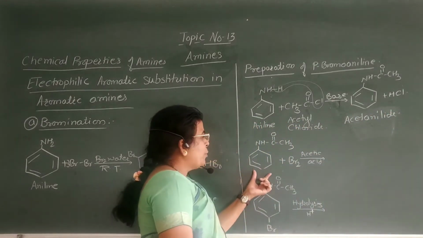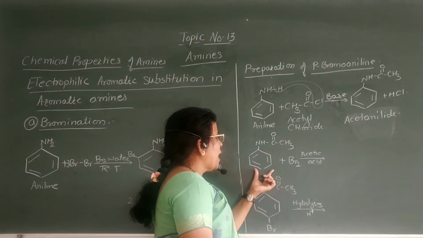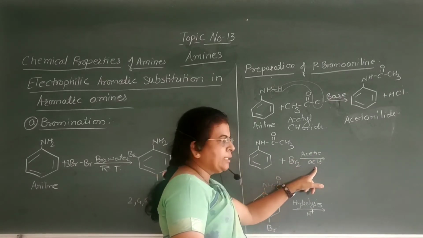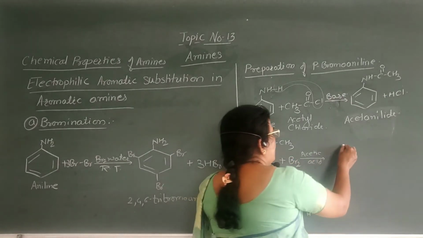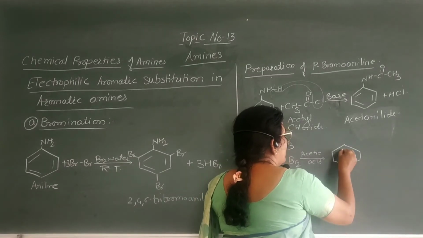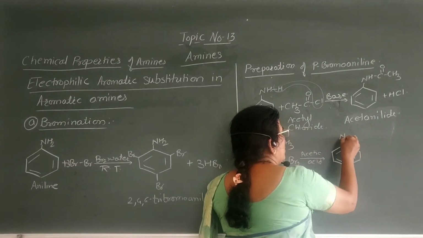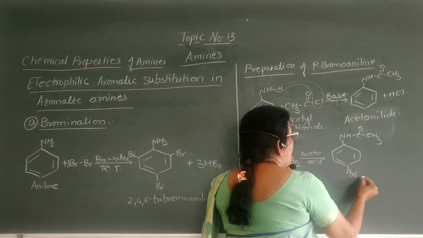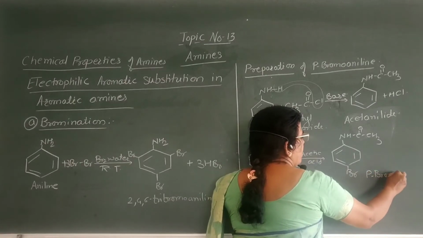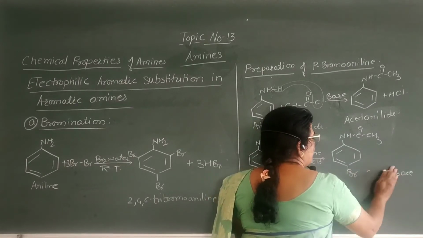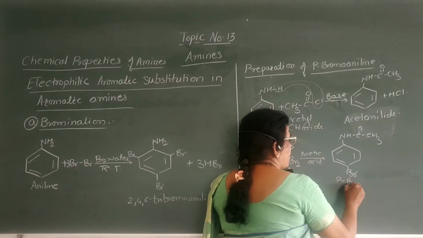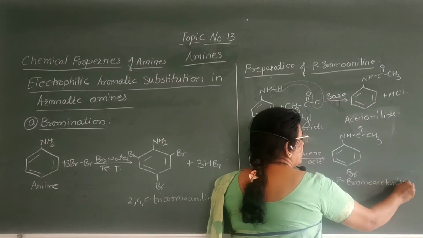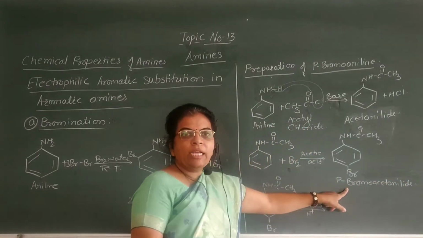Now, when bromination is carried out, this acetanilide is treated with bromine water in the presence of acetic acid. Then we get parabromoacetanilide.